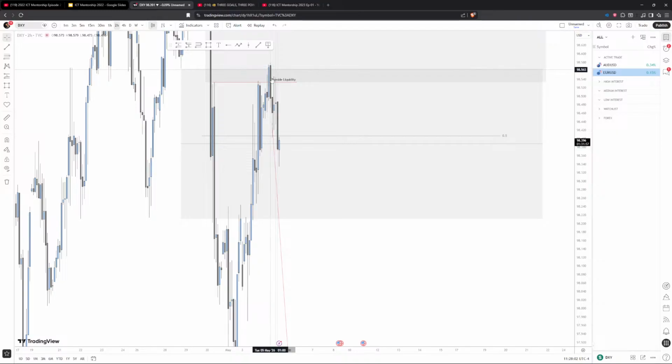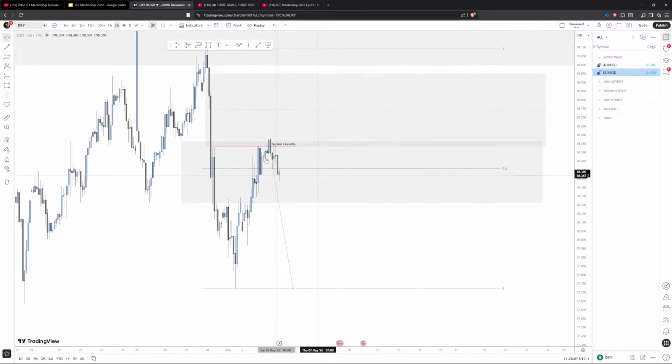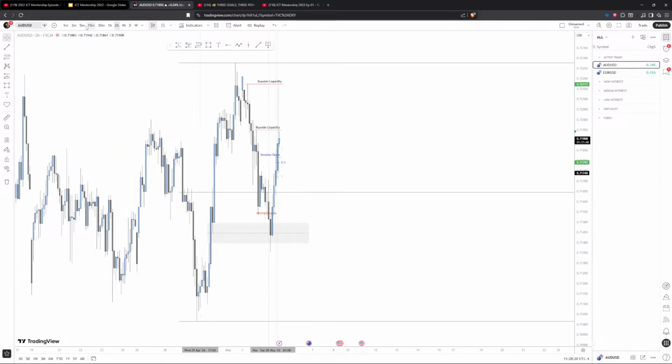I was calling for price to go down because we filled this fair value gap, taking out this liquidity, and we were in premium above this equilibrium 0.5. So afterwards, bearish. That's what I've been saying since. I think we're going to go here. I don't know if it's going to happen today. I just know the direction, which is what's aided my entries.